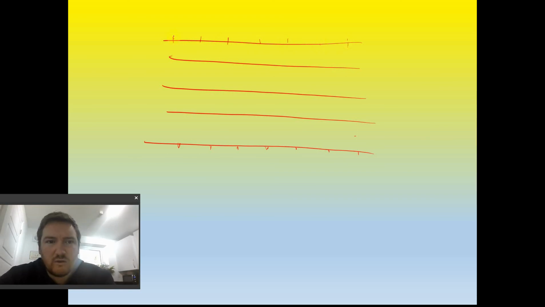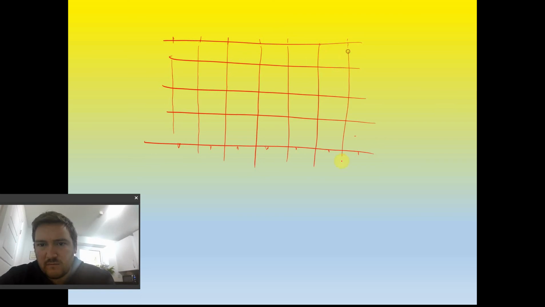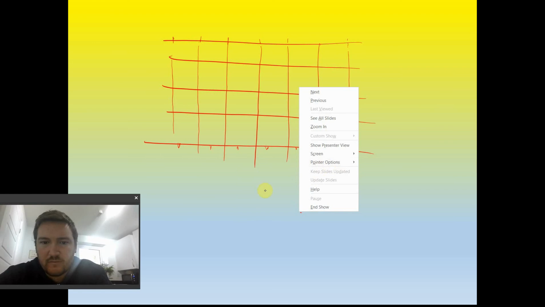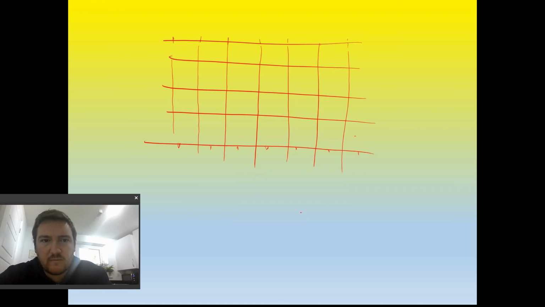And then you can join the dots up with a ruler. And then you've got some very homemade gridded paper, and then you can create your shape as best as you can.